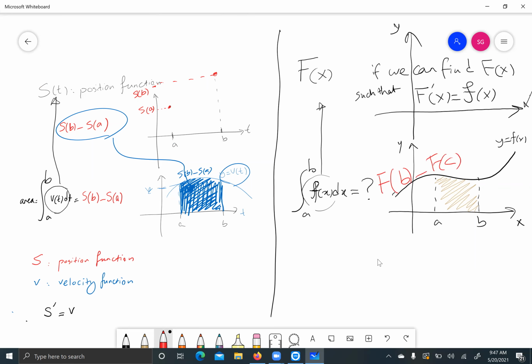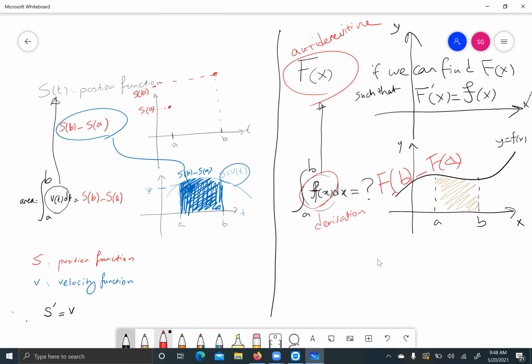You see that? By the way, this is called the antiderivative. So again, capital F here is called the antiderivative, and small f is called the derivative.